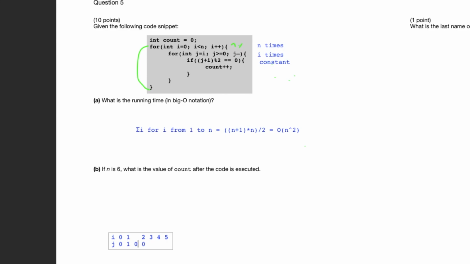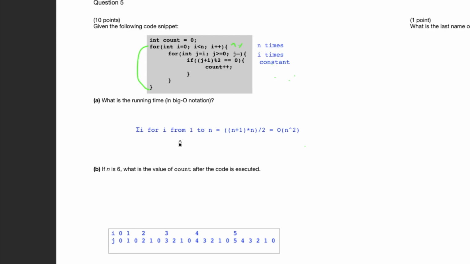Then 2, 1, 0; 3, 2, 1, 0; 4, 3, 2, 1, 0; and 5, 4, 3, 2, 1, 0.